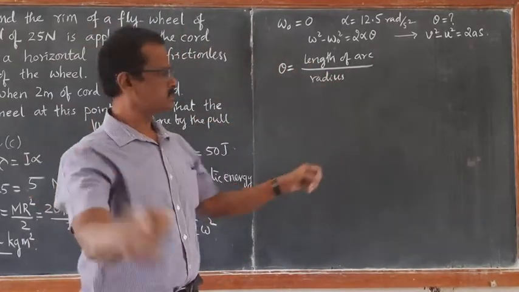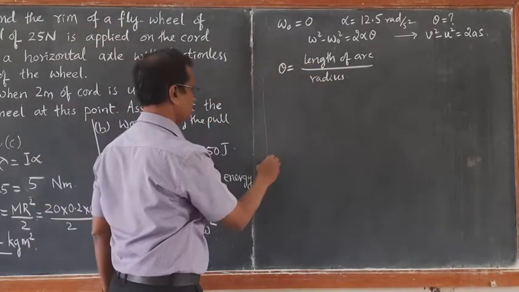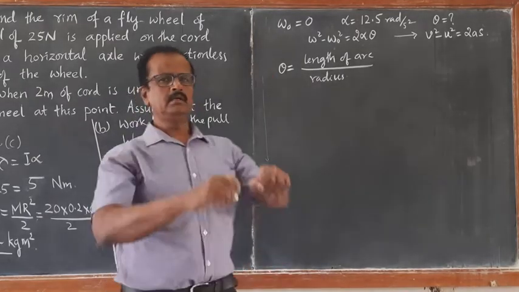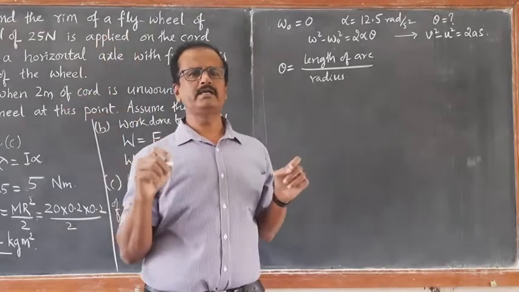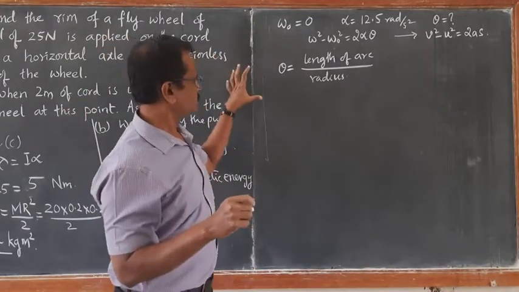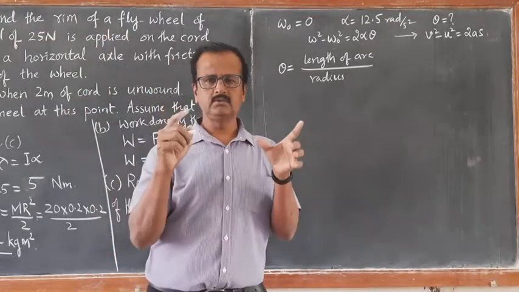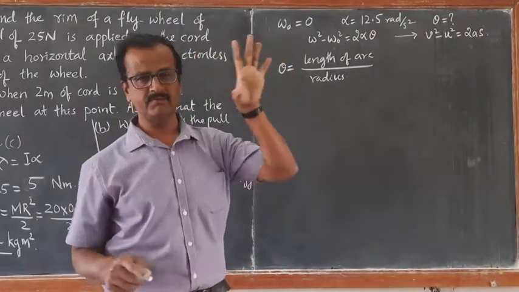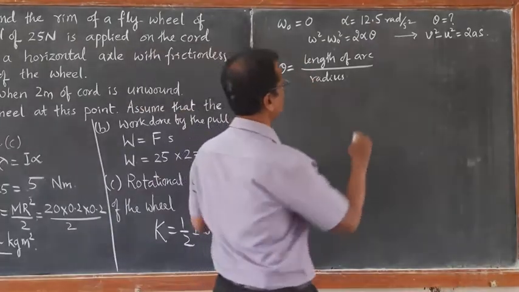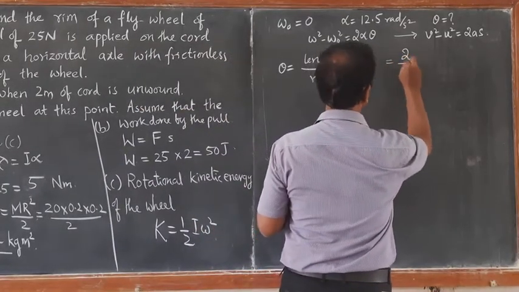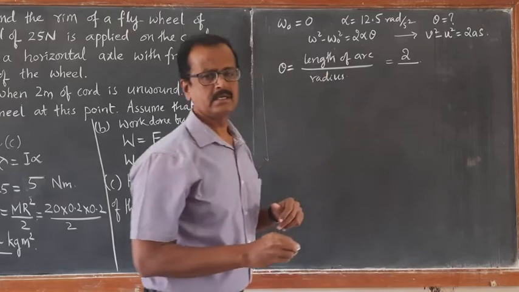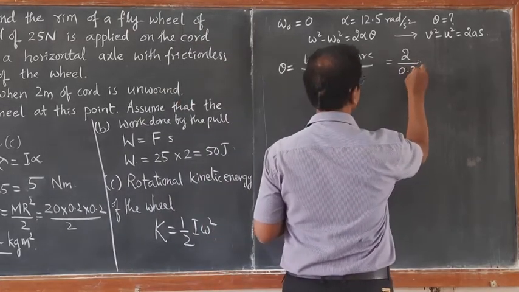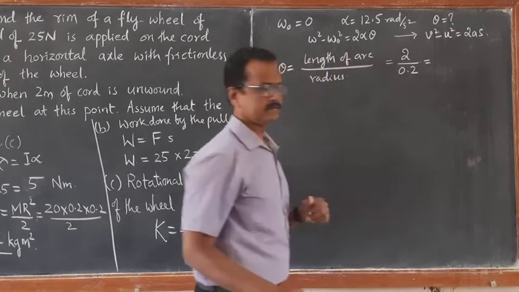Just imagine that although the cord is pulled down by 2 meter, if you imagine the 2 meter cord made as an arc of radius r of 20 centimeter, then the length of the arc is 2 meter and the radius of the arc is 20 centimeter. 20 centimeter means 0.2 meter.